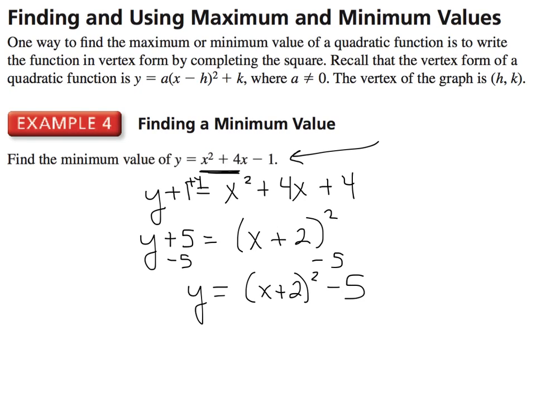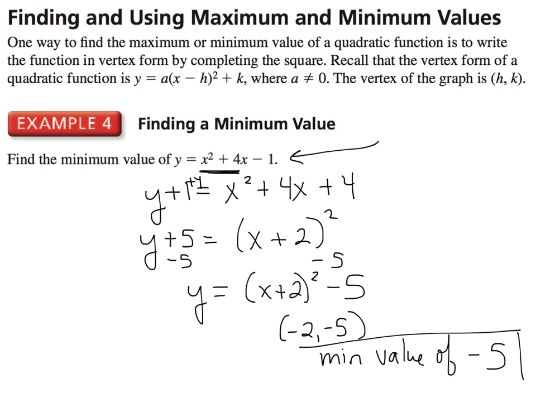My vertex is negative 2, negative 5, which means the function has a minimum value of negative 5. Why is it not a maximum? Because right here, there's a positive, there's not a negative, so that means it opens up.